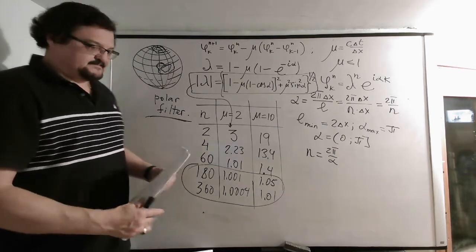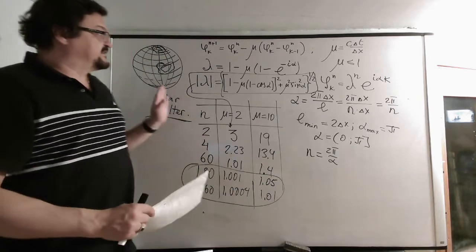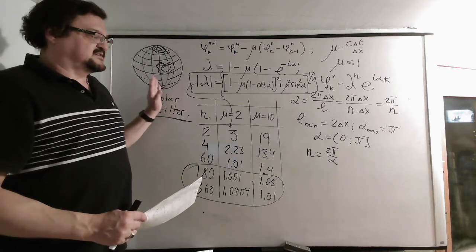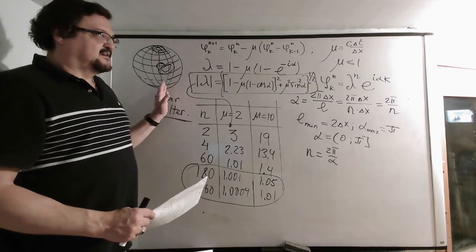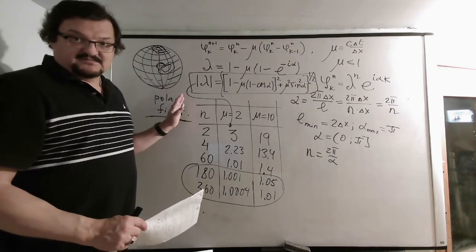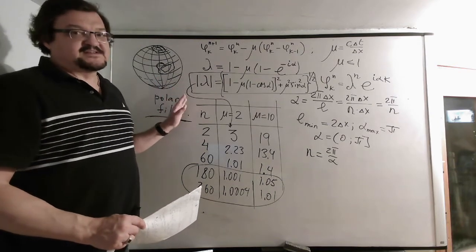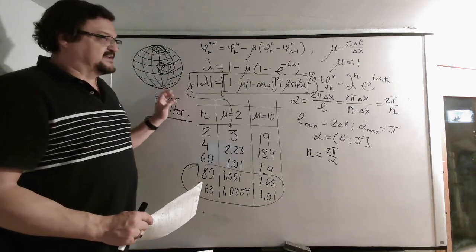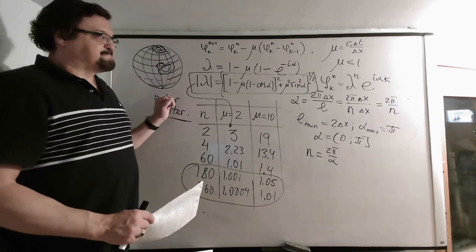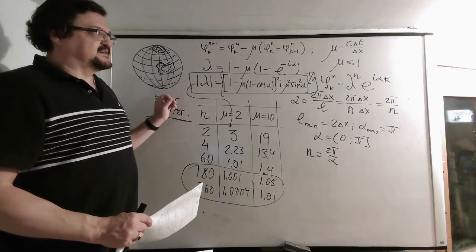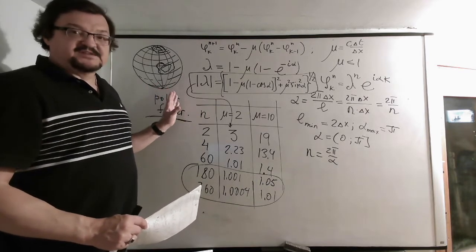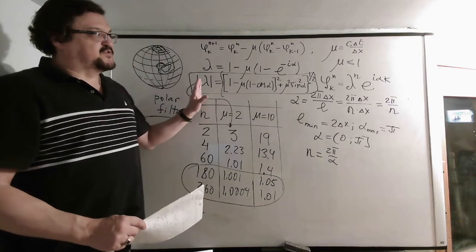So that's all I wanted to say about this topic. I think you need to realize that stability is all about short waves. Short waves always get unstable first, and longer waves get unstable later. So sometimes, by filtering your solution, you may actually increase the stability of your scheme.